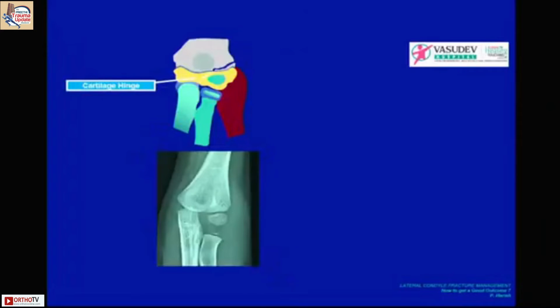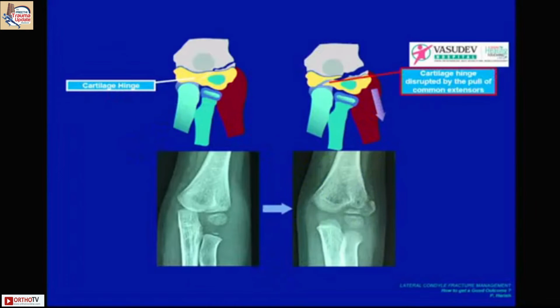Why this happens is because the cartilaginous hinge initially holds the fracture fragment, and this is pulled by the common extensor origin, and the cartilage breaks and the fracture starts to displace. However, one thing you need to remember is that there will not be complete displacement and rotation of these initially little displaced fractures, but they translate and it can go on to delayed union or malunion.